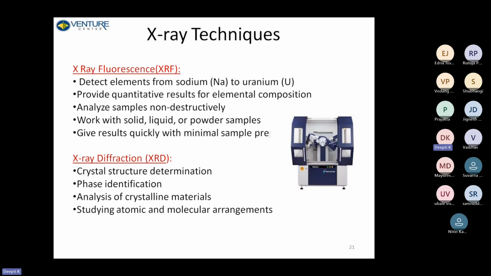XRD will give us indirect information about the elemental composition based upon the crystal structure. This is not usually the primary function that an analyst is looking for. Hence, XRD machines are not that popularly categorized under routine elemental analysis techniques.